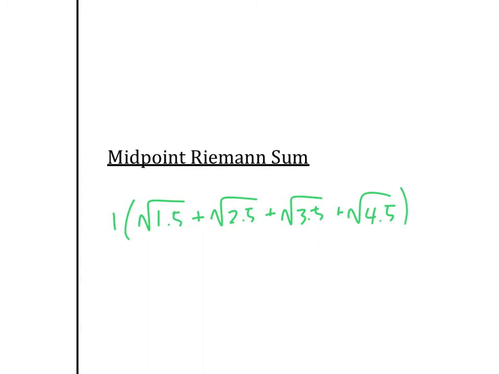Or me, but somebody. Okay, 1 times square root 1.5 plus square root 2.5 plus square root 3.5 plus square root 4.5. Do you guys have a number, or you're just waiting for me to give you the answer? Eleanor's like, you saw it right through me. 6.798.